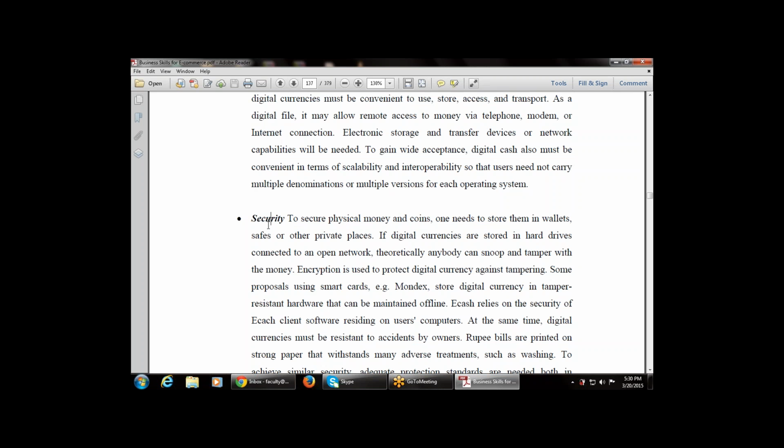At the same time, digital currency must be resistant to accidents by owners. Rupee bills are printed on stone paper that withstands many adverse treatments such as washing.